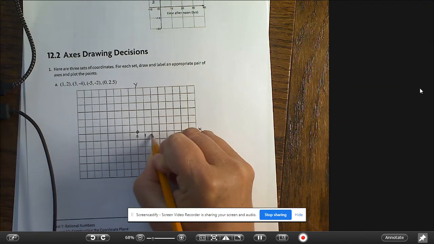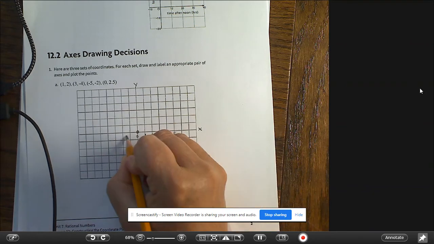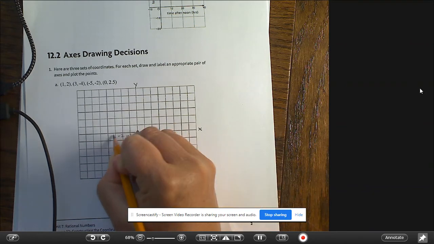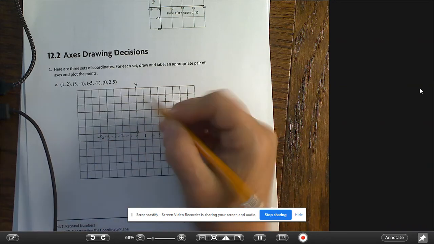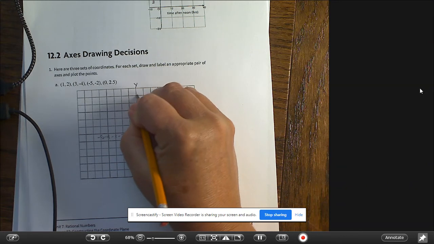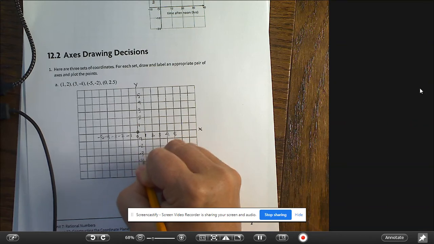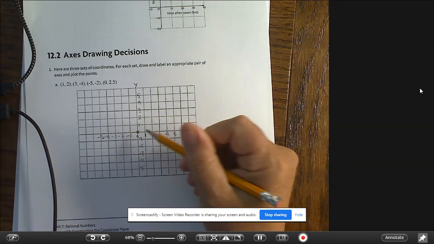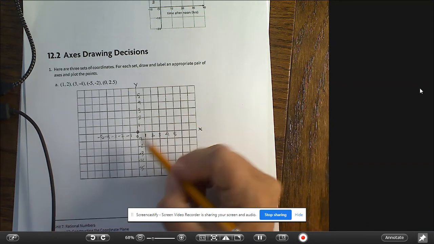We have +1, 2, 3, 4, 5, and then negatives, -1, -2, -3, -4, -5, and then we have to do the Y-axis. Don't forget this one, I almost did. Okay, so that's my X and Y axis, and then I'm going to plot my pairs.